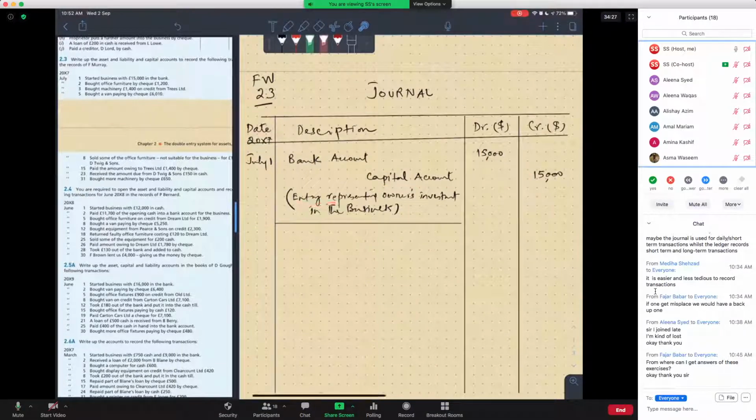A narrative is a simple description in everyday language of what this particular transaction means. Why we need the narrative here is that not all business associates have an understanding of what debit and credit mean. It's a new language.